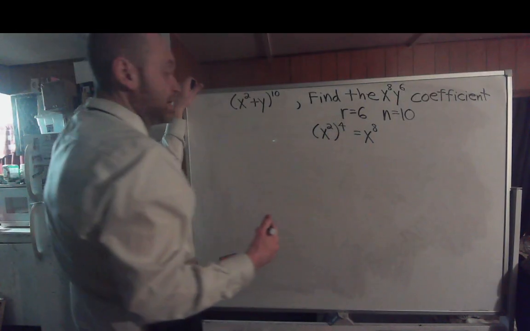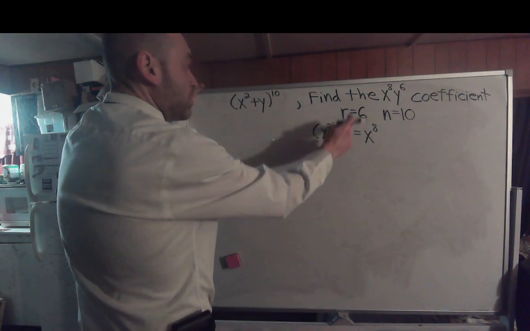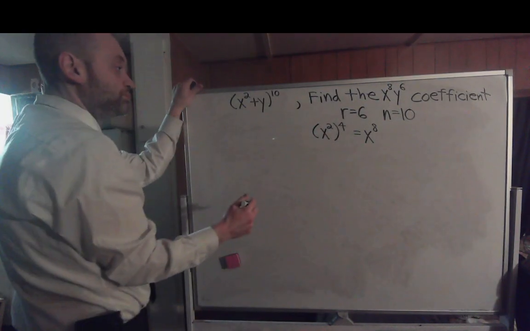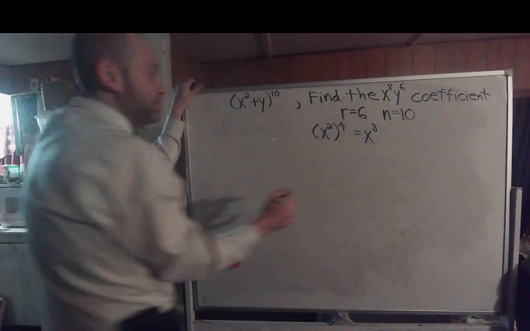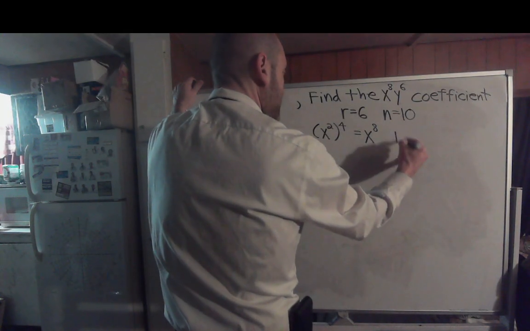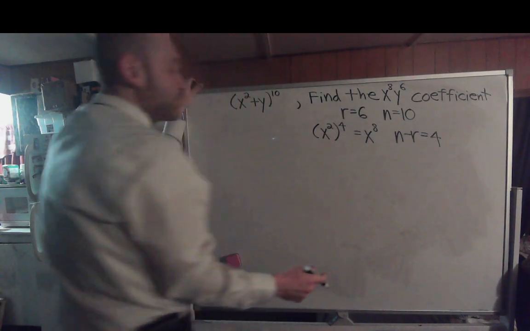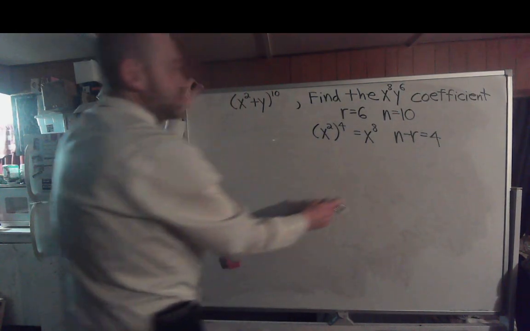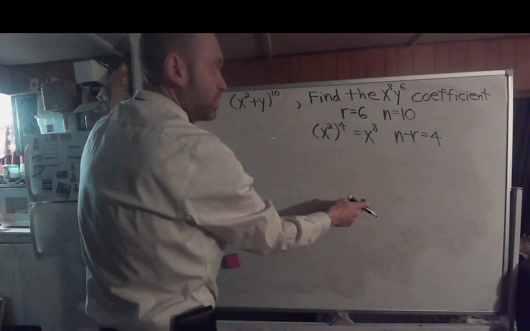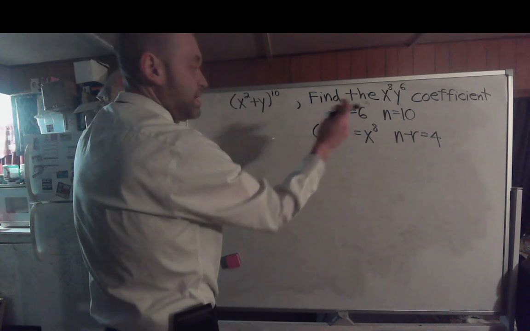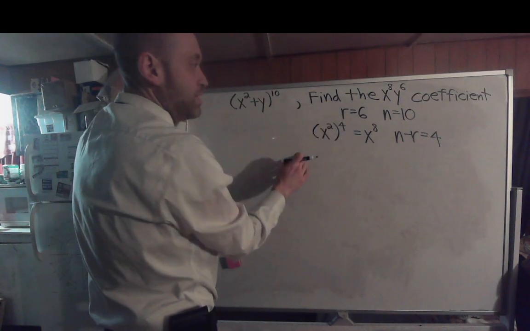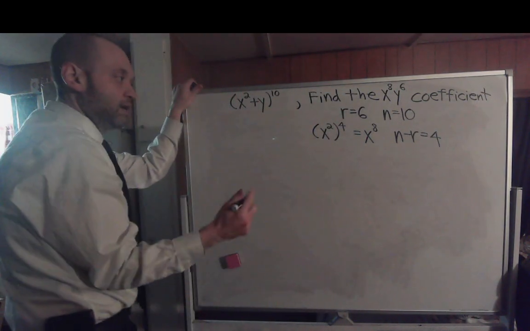So really, you're going to have 4 and 6. That means n minus r in this case equals 4, because 10 minus 6 is 4, and that would always be what is on your first term of the binomial to the n minus r power.